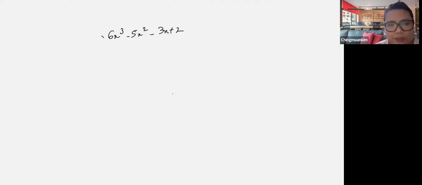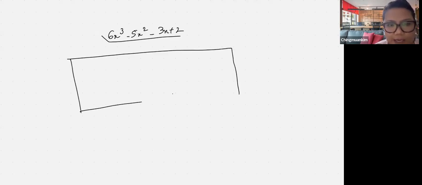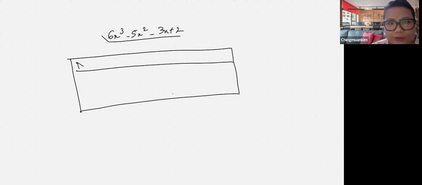So this is what our table is. We have the node, the coefficient, the exponent, and the next node.